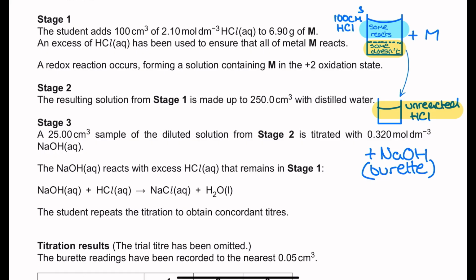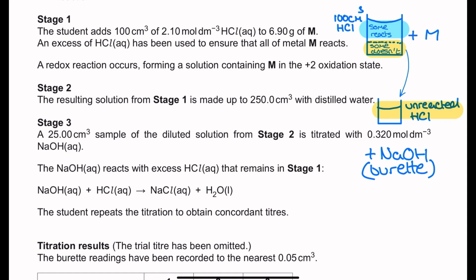What we'll then be able to do is use the total moles of HCl that were used at the start, subtract from that the moles of HCl that didn't react to determine the number of moles of HCl that did react with the unknown metal M.